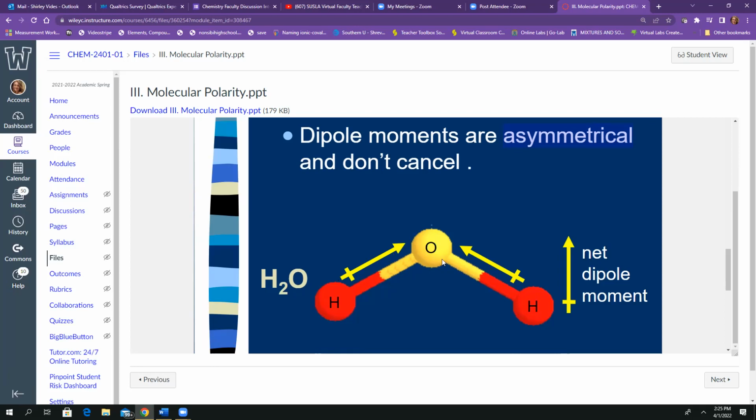Therefore, the oxygen becomes partially negative, and that's where you remember this, because when we look at properties of water, this particular thing that I'm telling you right now will be very important. So look at how the hydrogen electron cloud is pulled towards the oxygen in both of these, therefore creating what is known as a net dipole moment. Therefore, the molecule is polar.